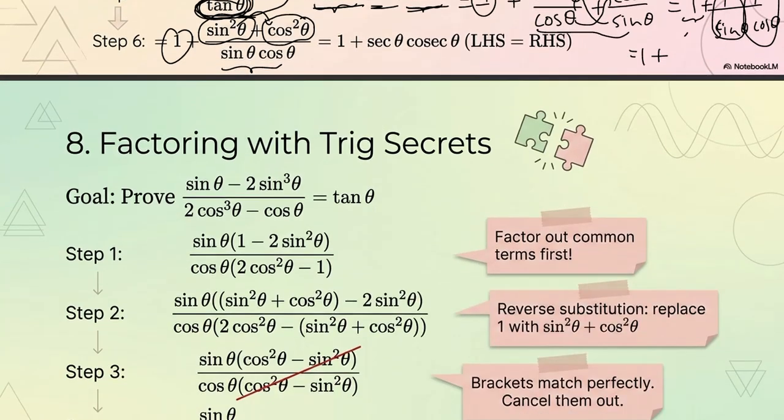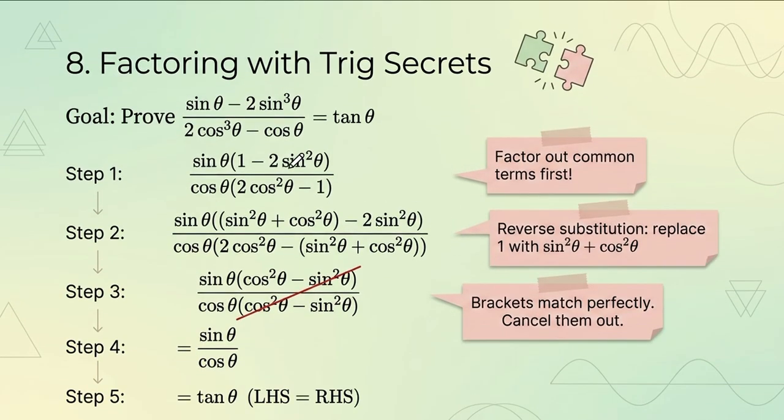Look at the next one. The LHS is given: sin theta minus 2 sin cube theta, in the denominator 2 cos cube theta minus cos theta. So the first step you can easily do is take whatever is common. In the numerator, sin is common. One sin we can take common. So inside the bracket, what will remain? 1 minus 2 sin square theta.